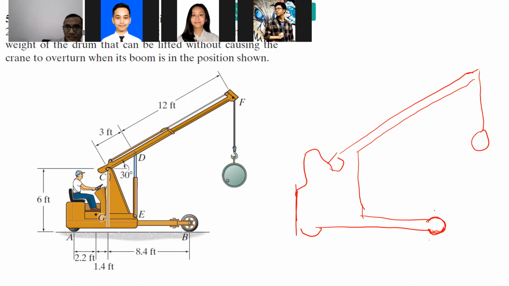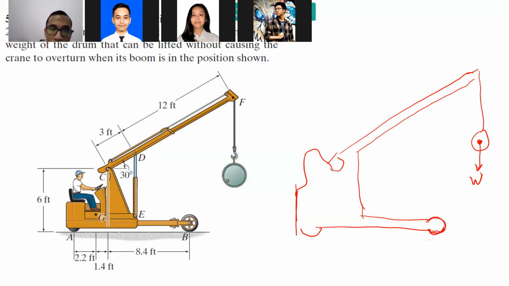We have to complete this with all the forces which are happening on the crane. What are the forces happening on the crane, Audrey? First, there's the weight, downward. We call it W here. And what else?